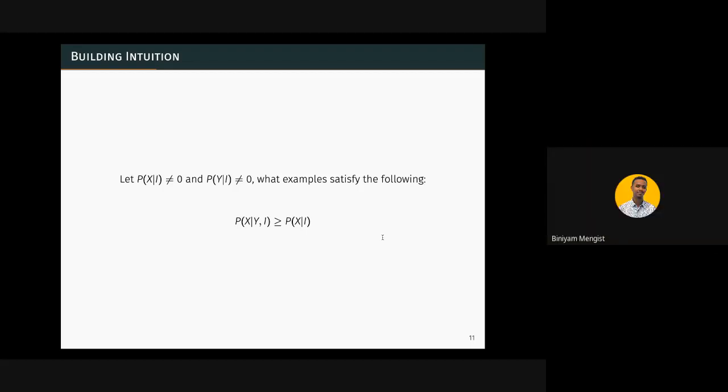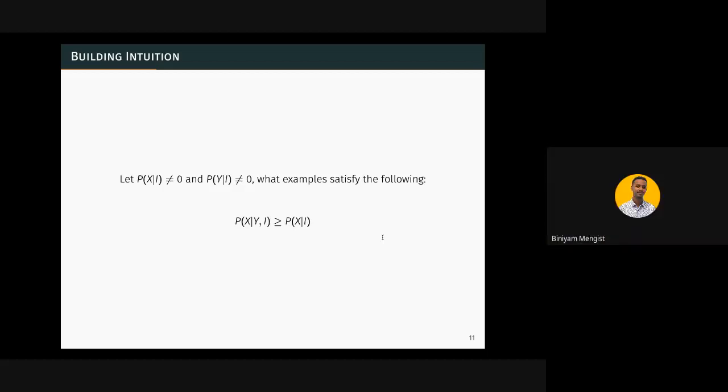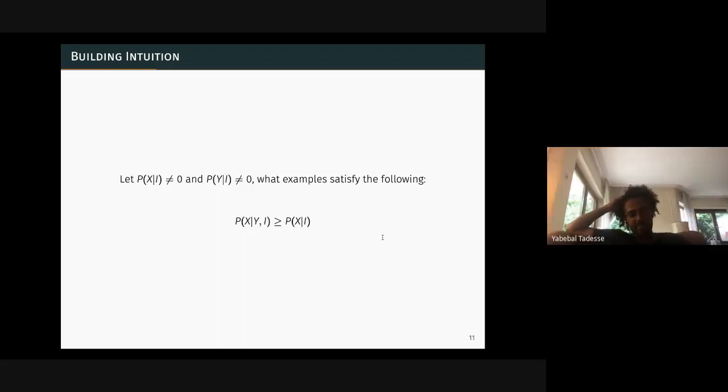So if the chance of raining in the summer is not 0 and the chance of being cloudy in the summer is not 0, then the chance of raining while it's cloudy in the summer is greater than the chance of raining in the summer. Does that make sense? Yes, absolutely it makes sense. Perfect, thank you. And if some people haven't understood, you can ask a question or you can also give your own example based on this. But excellent.